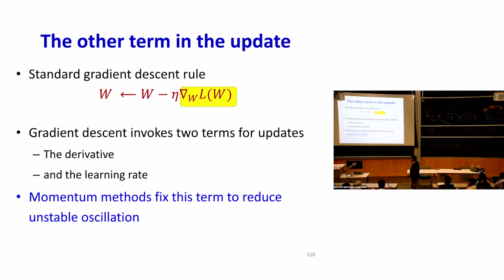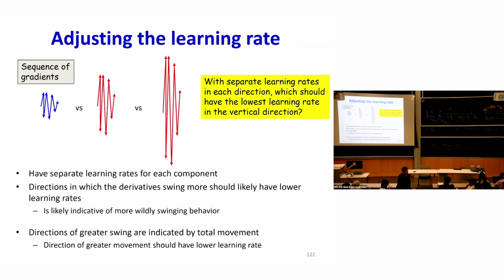So the momentum methods fix this term. But then there's the second term, right? Now, how does that affect things? Consider these three examples. In all three examples, the running average in the vertical direction is the same. It's just that the swings are much greater in the rightmost example than in the leftmost example.